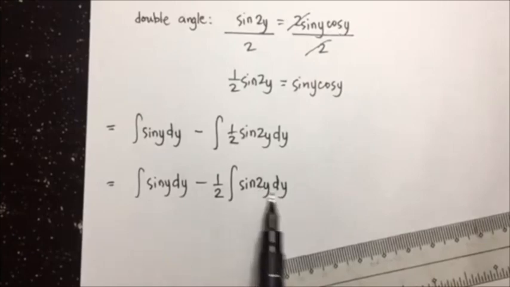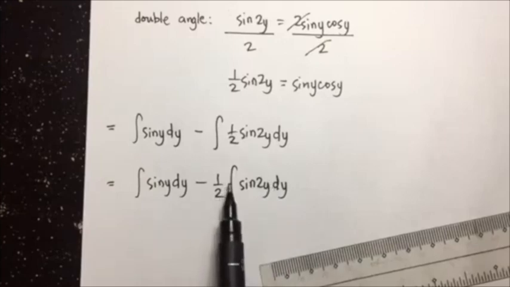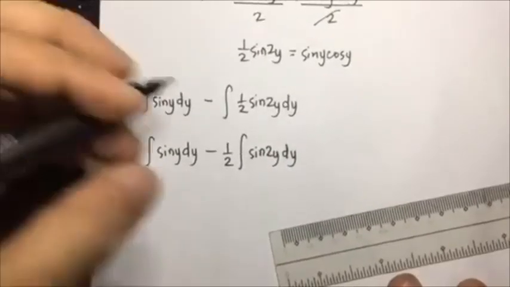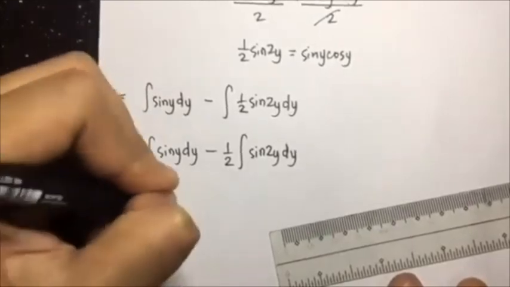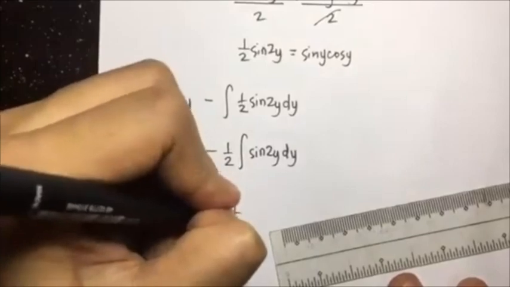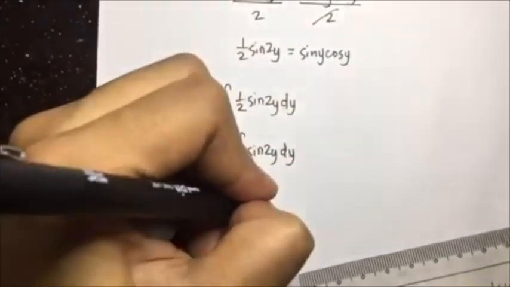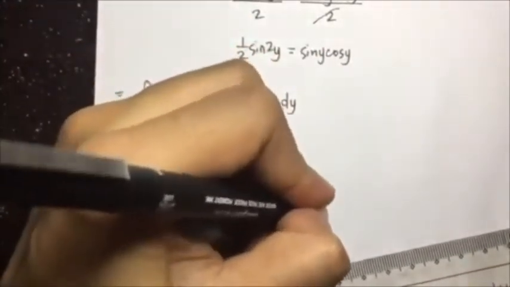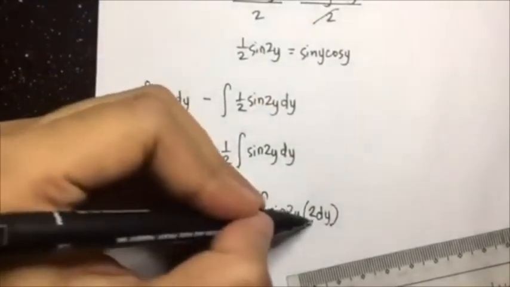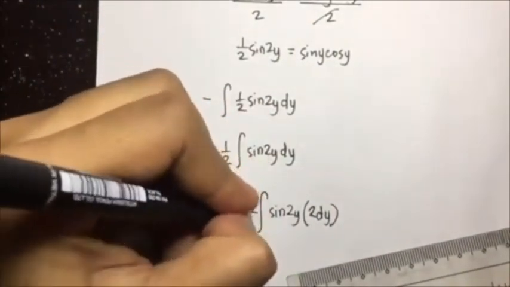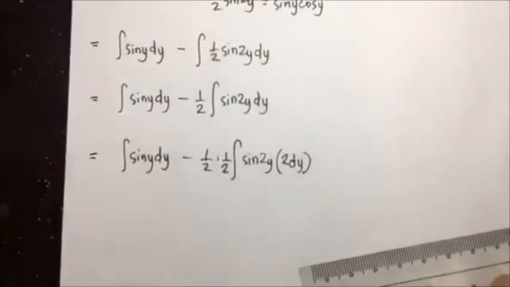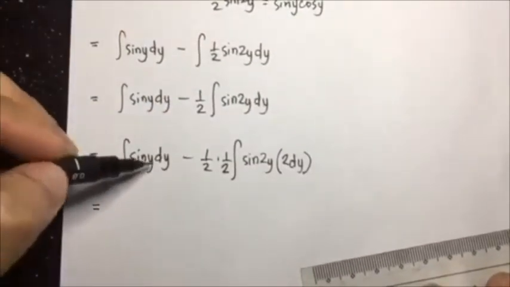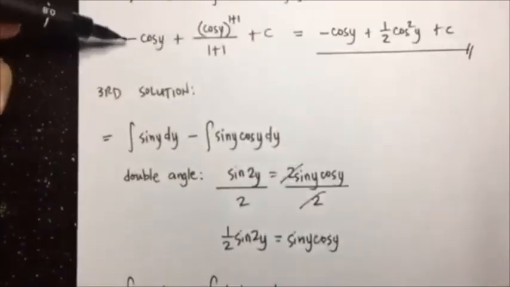So we have here 2y, its complete differential should be 2 dy. So therefore, we must multiply here by 2, and then here multiply by the reciprocal of 2. So this will become integral of sine y dy minus 1/2, sine 2y, the complete differential of 2y should be 2 dy. Since we multiply 2 here, we must multiply again outside the integral sign by 1/2.